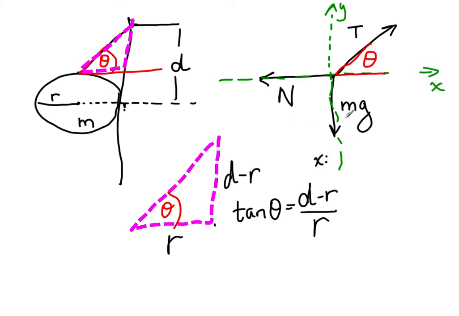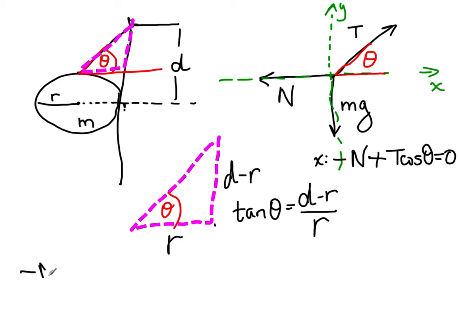From here, let's write the x equation. The x equation, we're going to include this normal force, which is to the left. That's minus n. And then the x component of the tension is also in the x direction, so it's going to be plus t cosine theta. And this all has to be equal to 0 because it's not moving. I'm going to rewrite that equation down here because it looks confusing up there.